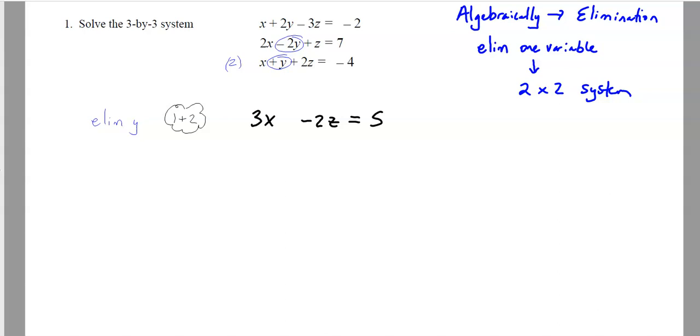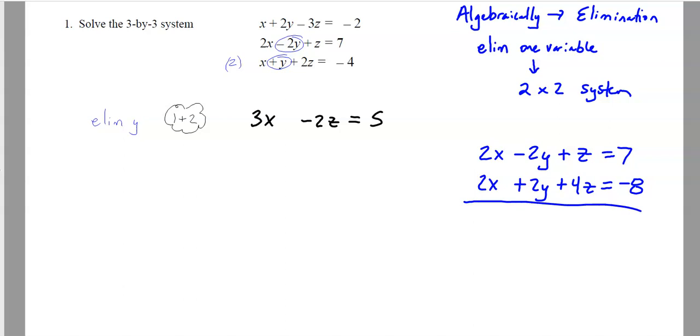So I like to go off to the side and do some scratch work. I'm going to copy down row 2, and I'm going to multiply row 3 by 2. So I'm going to get 2x plus 2y plus 4z equals -8. And then I'm going to combine those together, because now I should be able to eliminate y's.